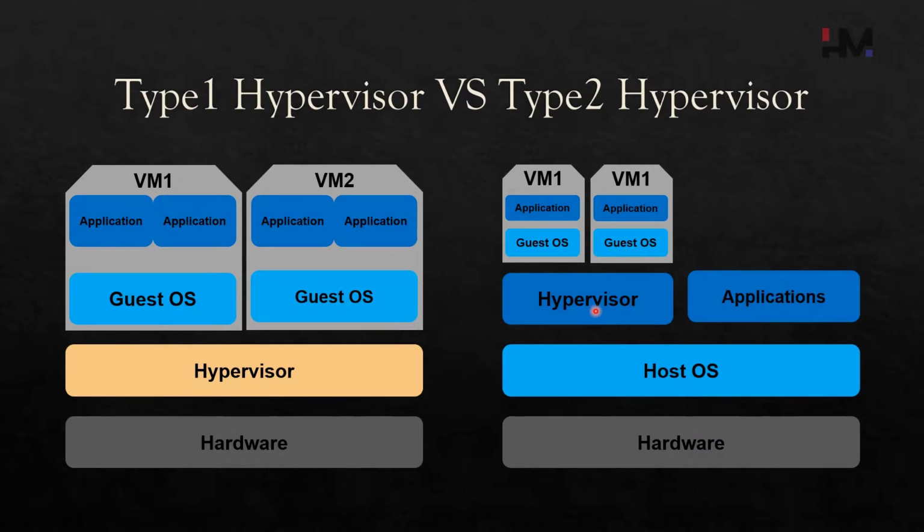But when it comes to hypervisor, the color changed. Here it is yellow and here it is blue, because in type 2 hypervisor, the hypervisor is also treated as a normal application. As a normal application it is installed, it is a piece of software as I said, and on that we have virtual machines.